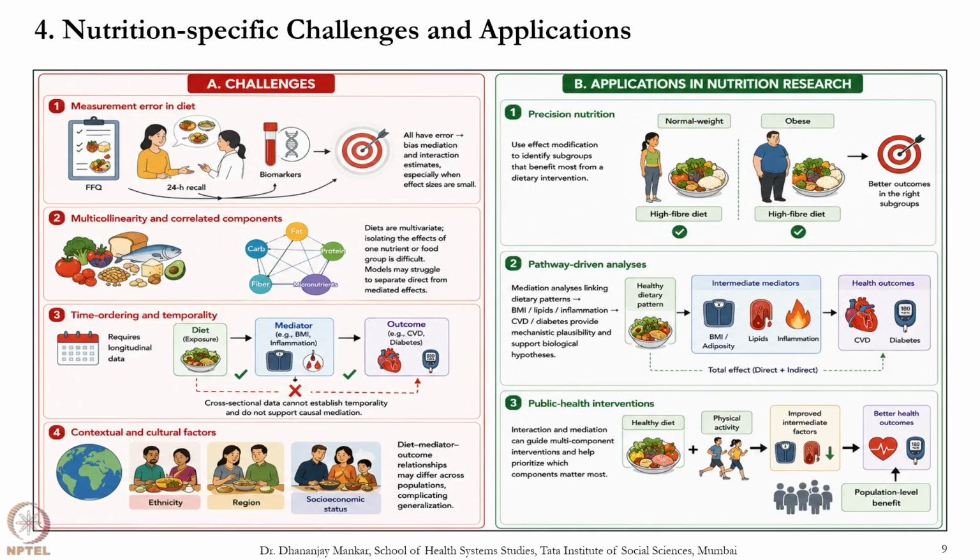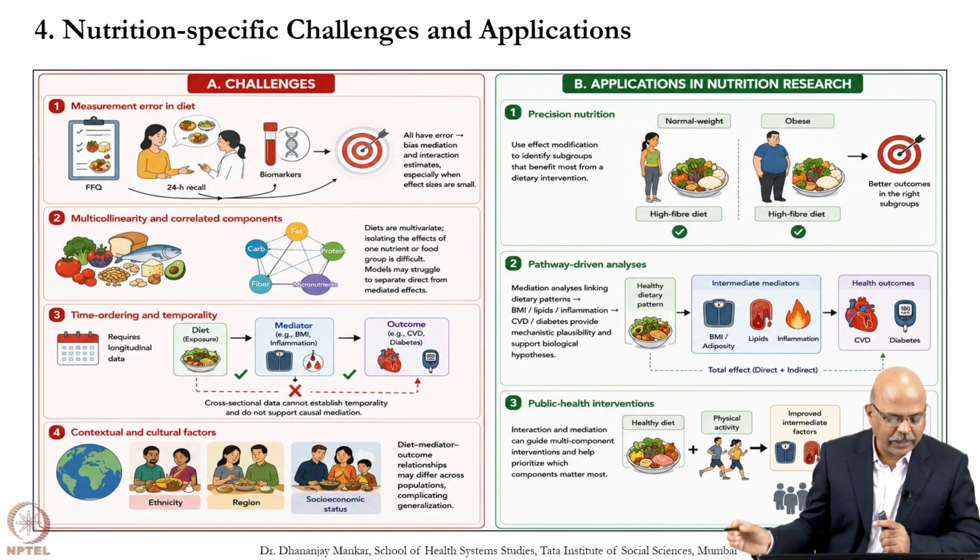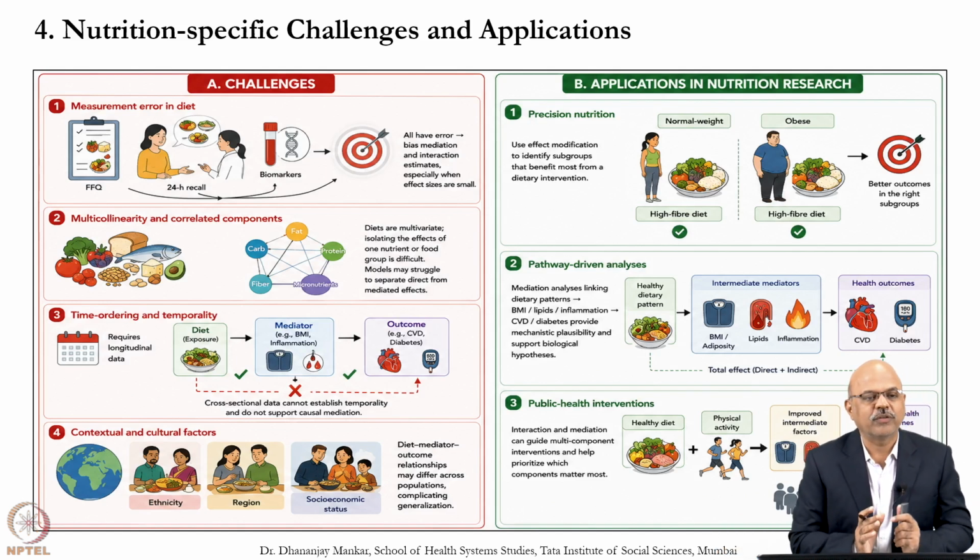Now there are some challenges and applications to this. What are the challenges? Measurement error in diet. The very first error is in 24-hour recalls. Biomarkers also have errors that bias mediation and interaction estimates, especially when effect sizes are small.